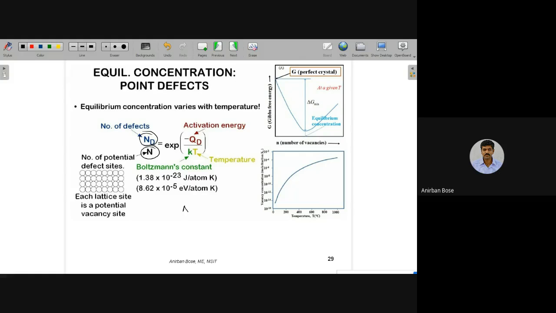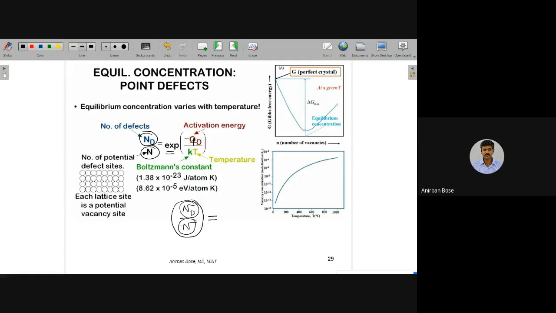So ND divided by N is the fraction of defects: the number of point defects divided by the total number of atomic sites. So this ratio is equal to what?